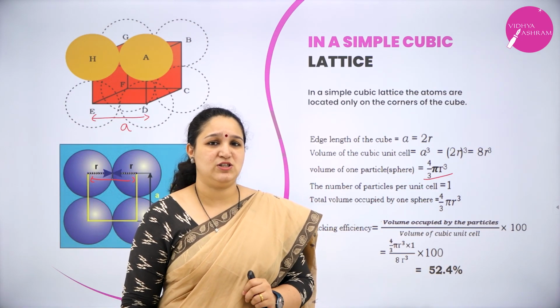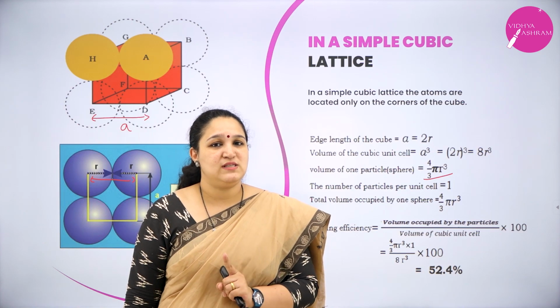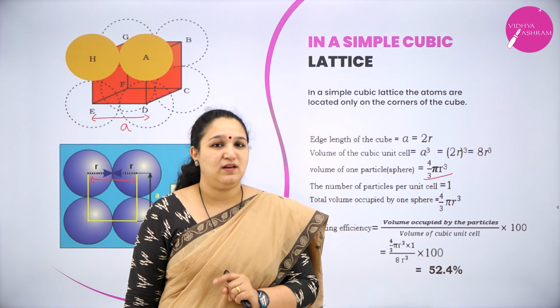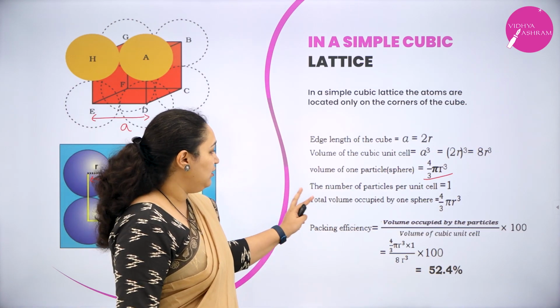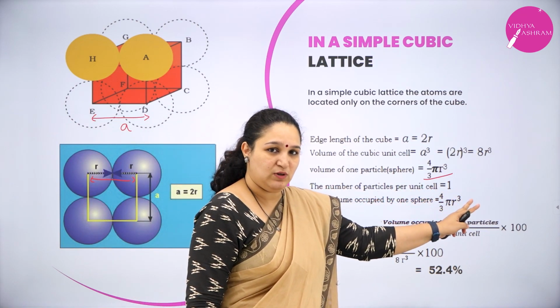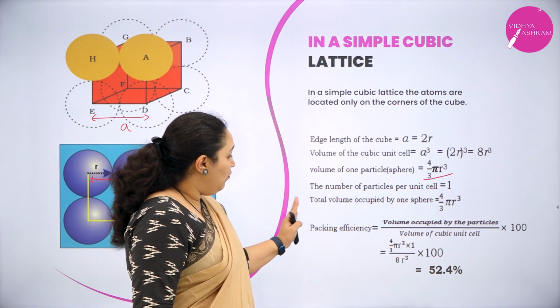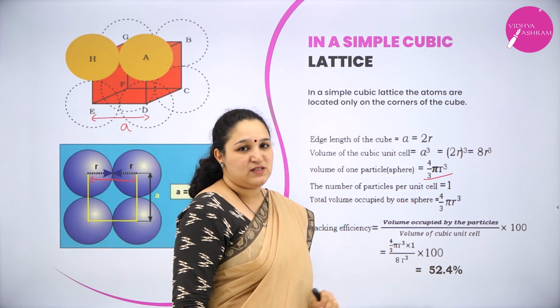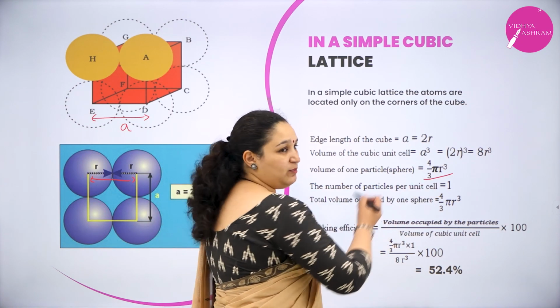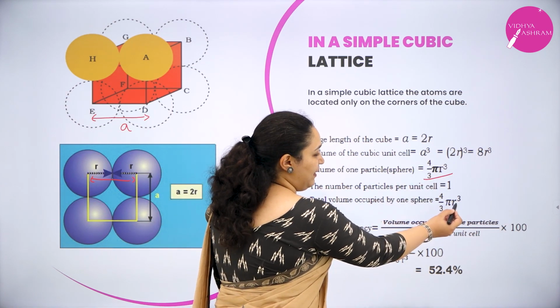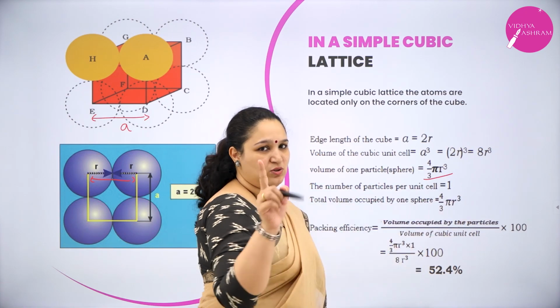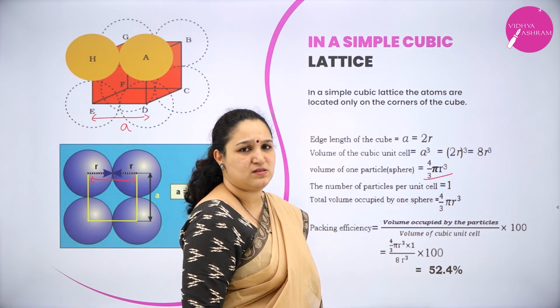We learned the calculation. In a simple cubic unit cell, only 1. So, number of particles per unit cell is equal to 1. Total volume occupied by one sphere: volume of the sphere is 4 by 3 pi r cube, into 1 particle, it's the same answer.